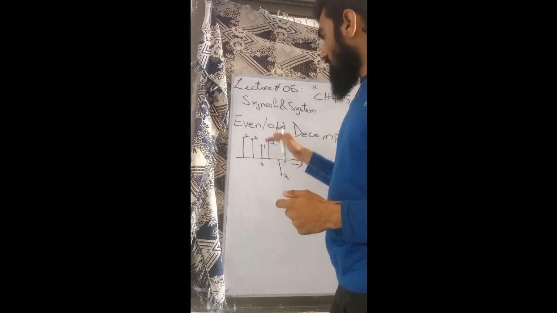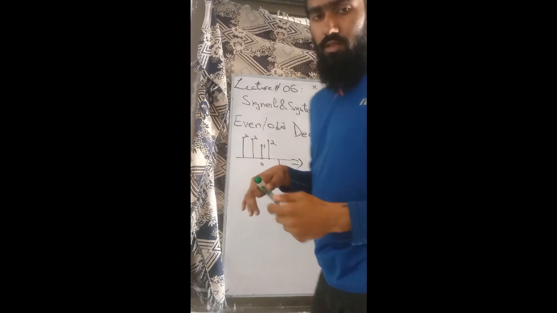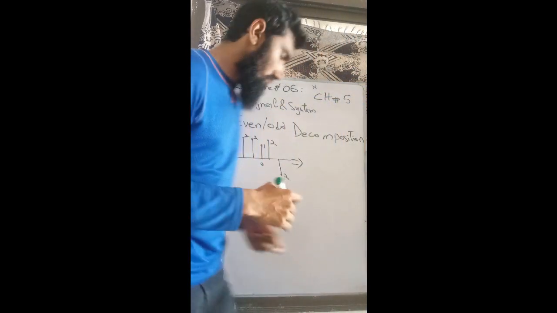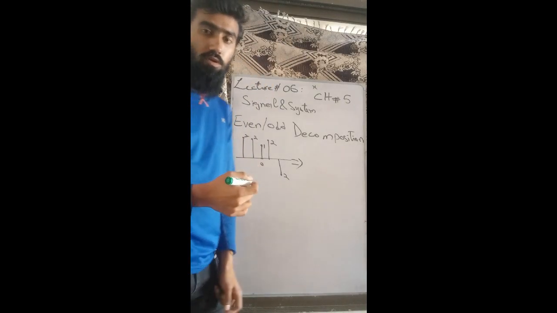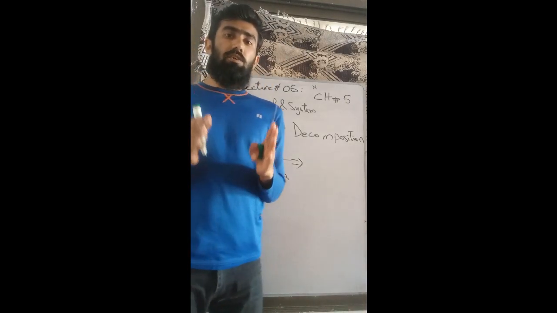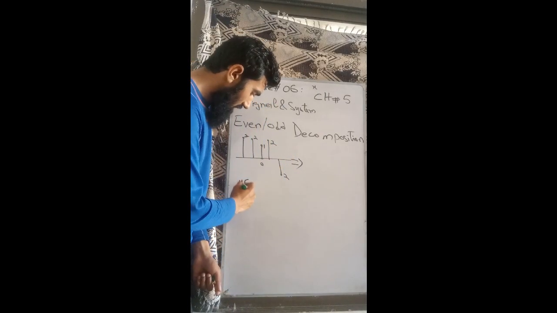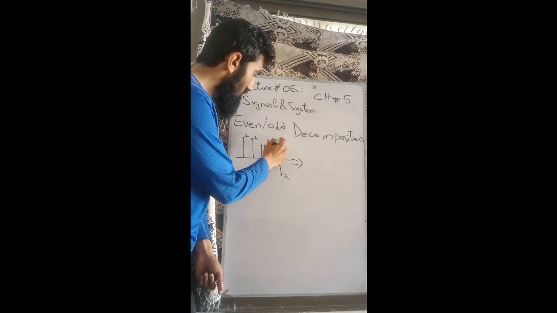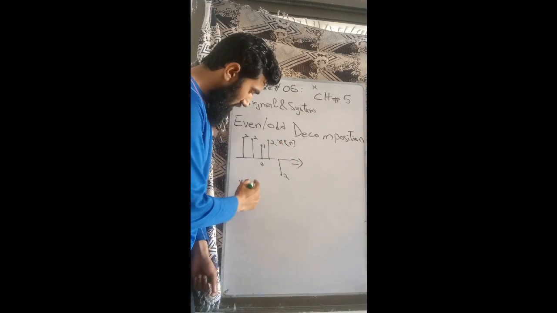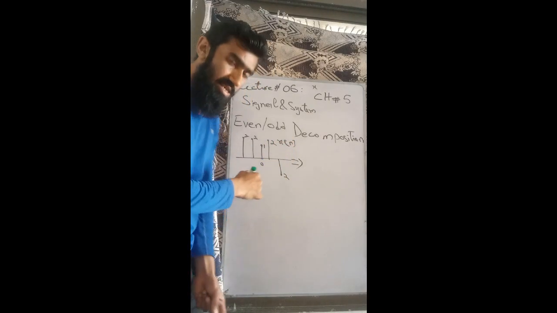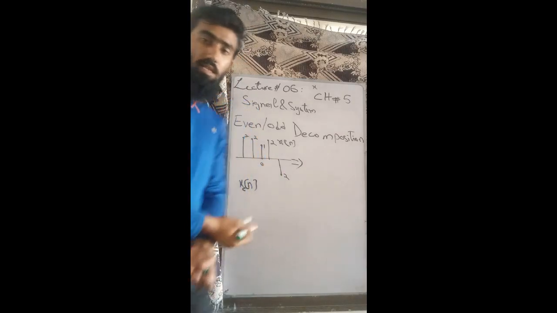The formula for even and odd decomposition we have already studied. If we want to take the even part of a signal, let's say x of n, and we want x of n even, meaning the even part of that signal, we have a formula.